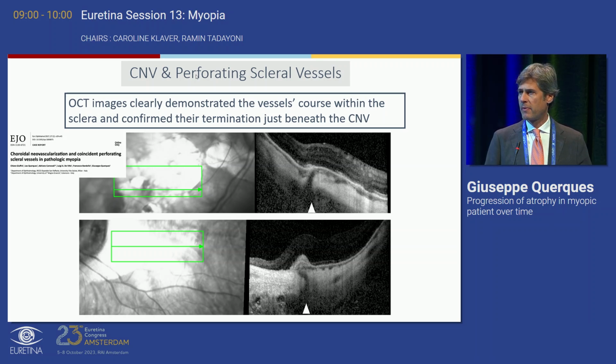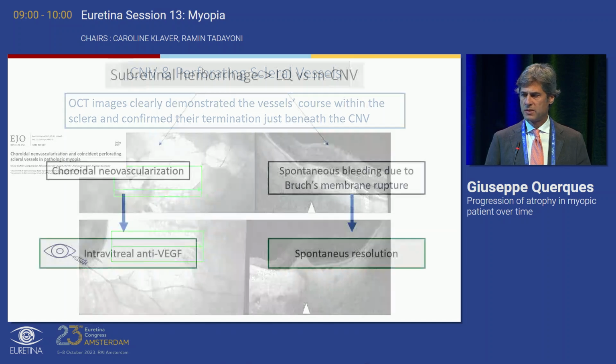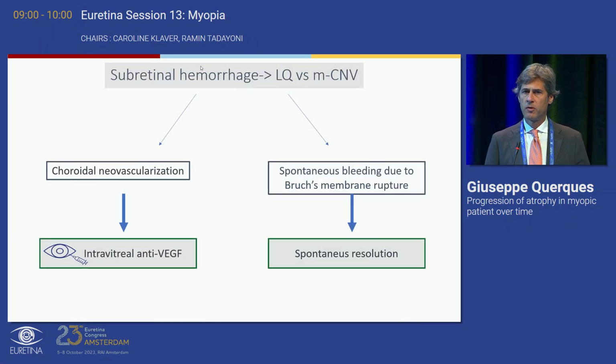So there could be something in the sclera besides staphyloma responsible for complications like atrophy and neovascularization development.